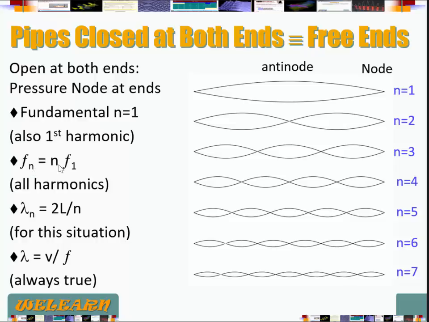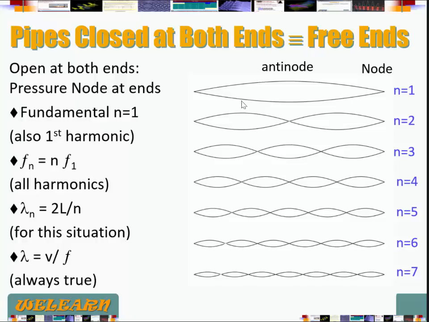The nth harmonic is equal to n times the fundamental frequency, or the first harmonic. The wavelength for a pipe that's open at both ends is going to be 2L, L being the length of the pipe, over n. Like for all waves, we still have this equation: lambda is equal to the speed of the wave over its frequency.